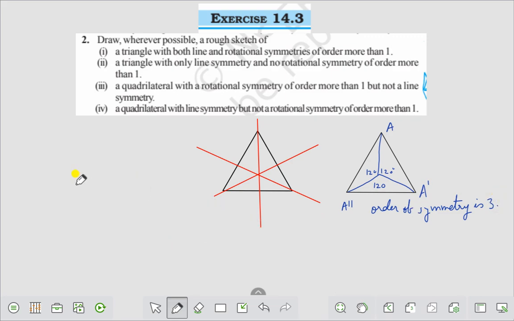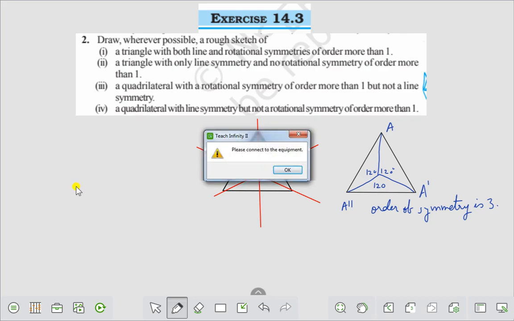Therefore we can say that a triangle with both line and rotational symmetries of order more than 1 is an equilateral triangle, that is number 1.